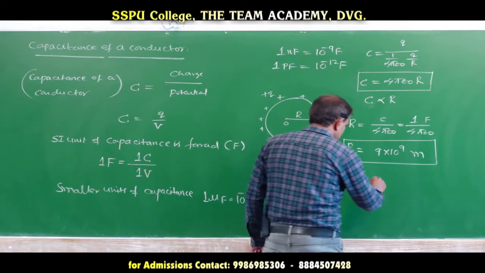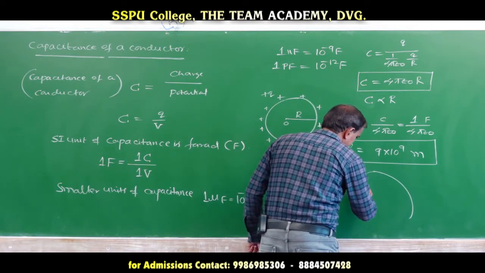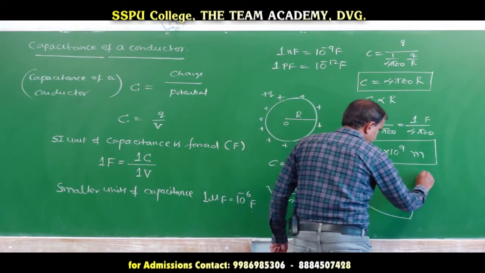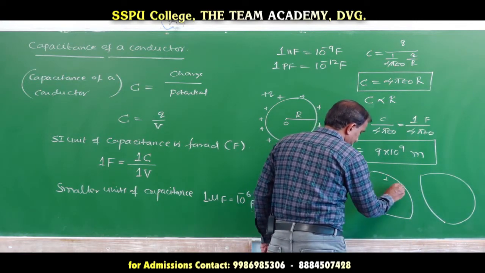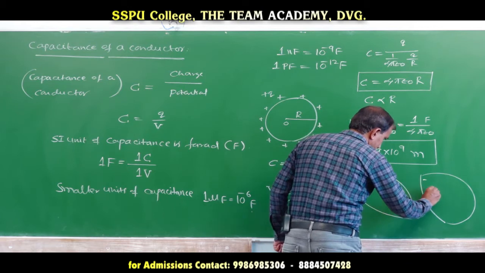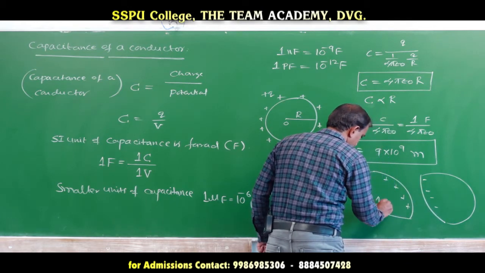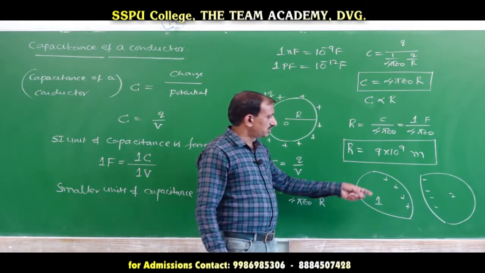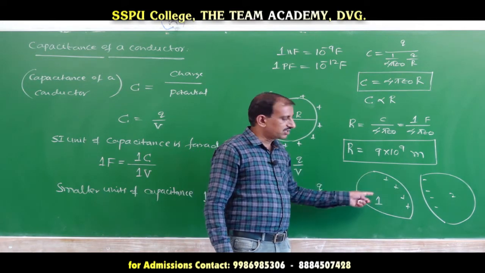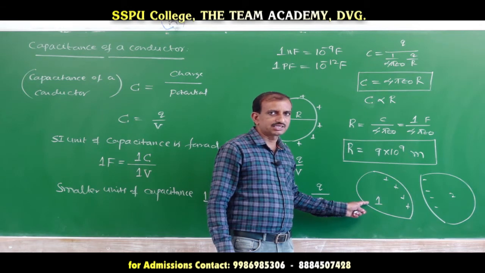Suppose this is one metallic conductor and this is another metallic conductor. Suppose these are the positive charges and these are the negative charges. This is one metal plate and this is another metal plate. This is a good configuration for storing electric charges.